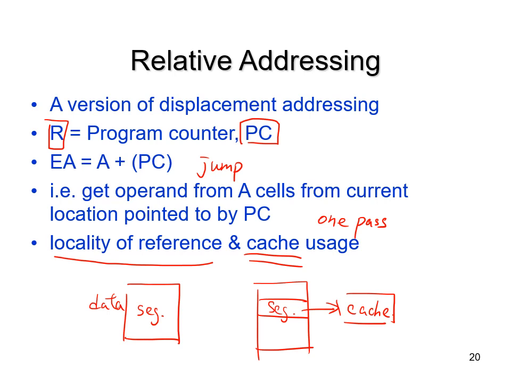Therefore, by using this approach, many of our data to be accessed will be located in the cache memory. So relative addressing should be a good addressing mode to access the cache memory, because the cache memory is fast.